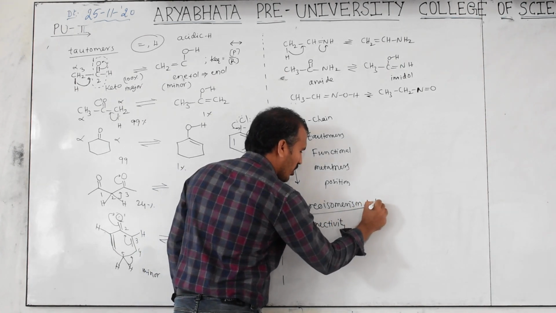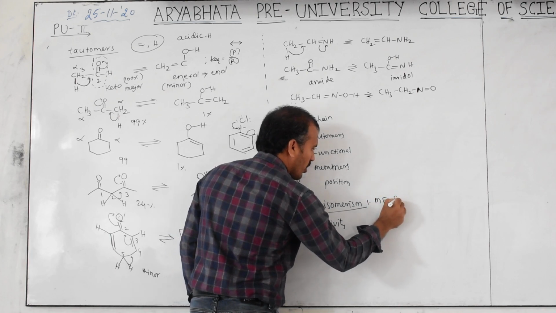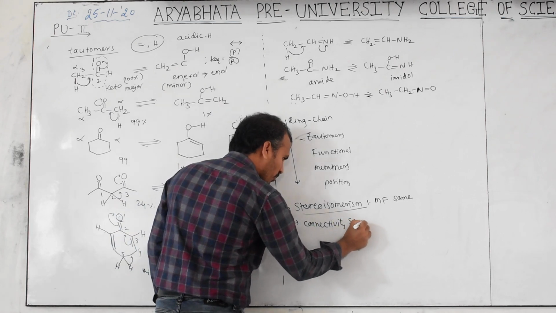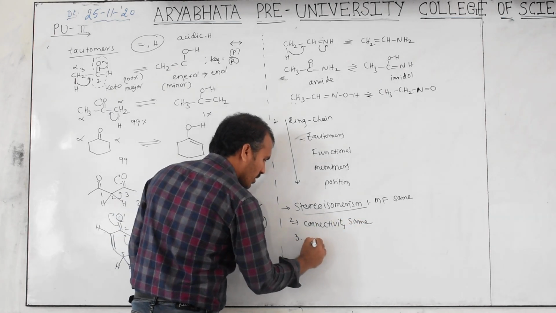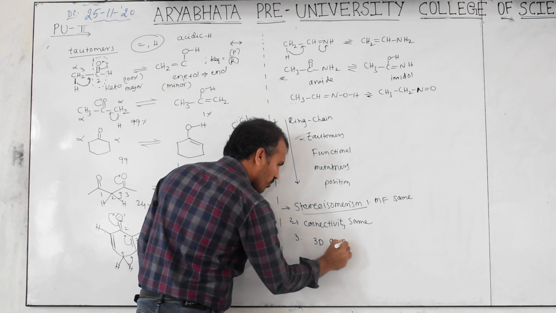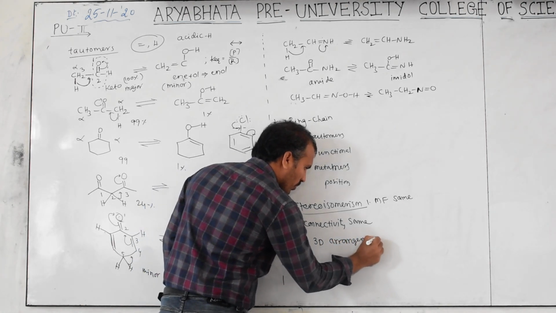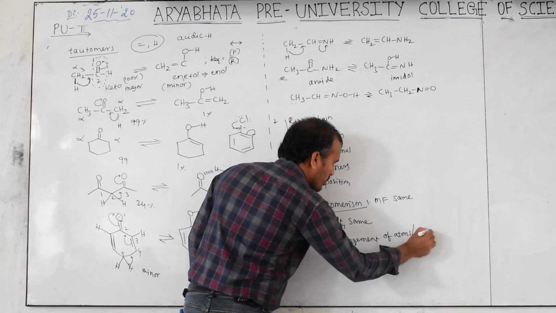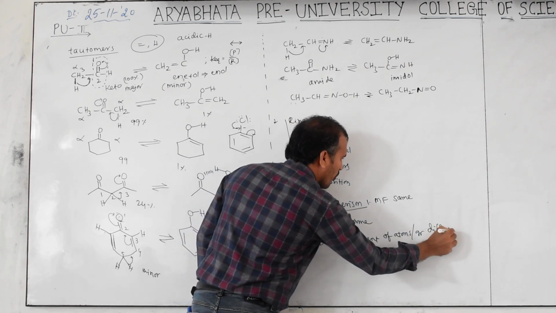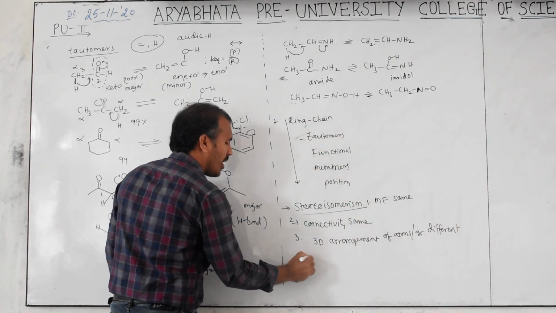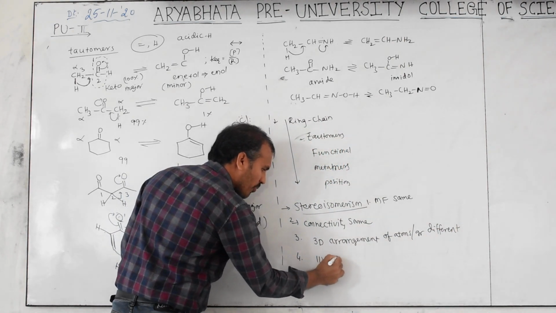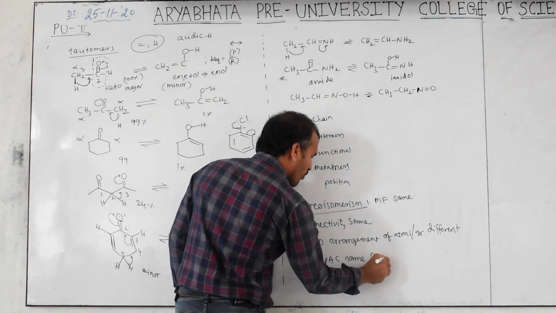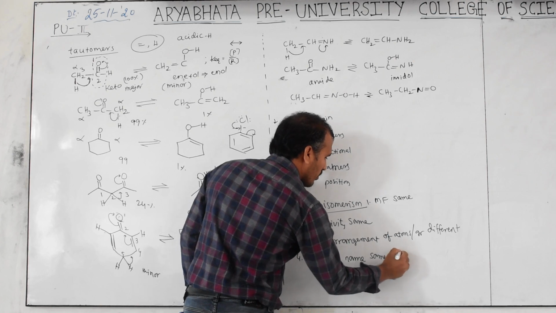The first one is molecular formula the same. Second is connectivity the same. Third is the 3D arrangement of atoms or groups differ. And fourth is the IUPAC name is the same, but there are exceptions.